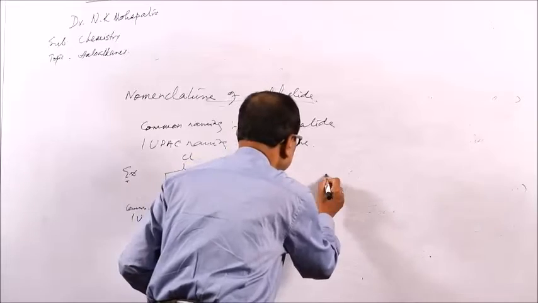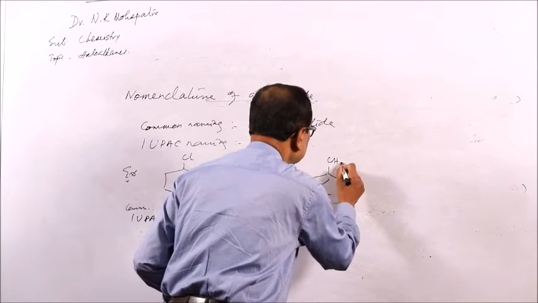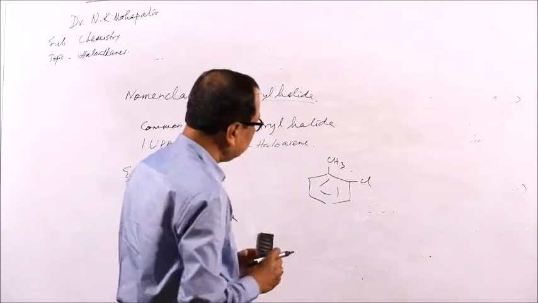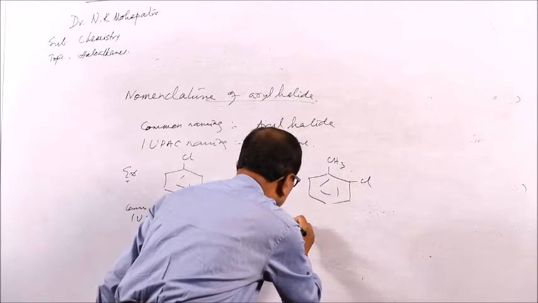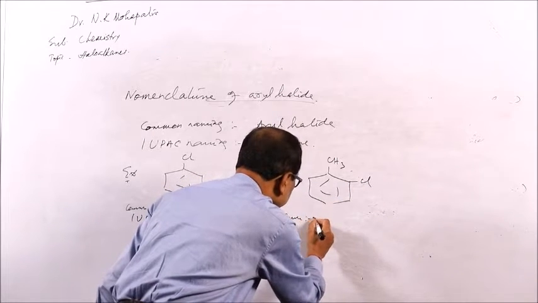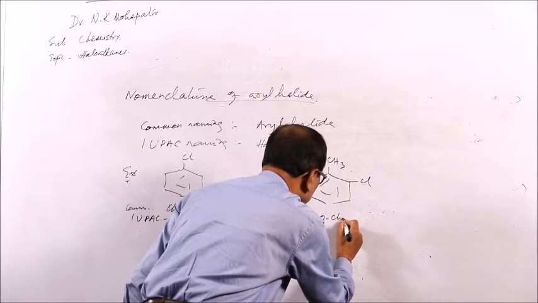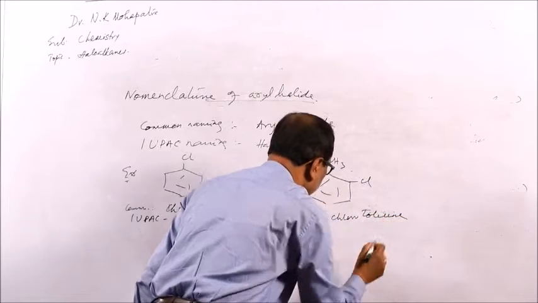But in the case of this compound, with CH3 and chlorine, the common name is 2-chloro or orthochlorotoluene.